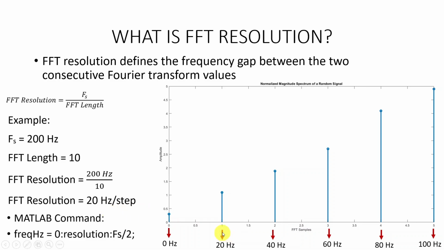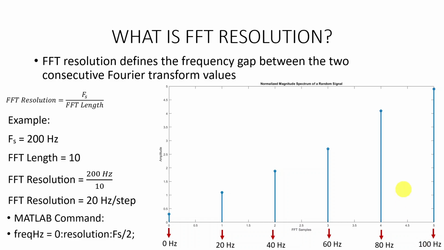The next sample will be 20 plus 20, 40, and similarly you get 60, 80, and in the end, the last sample of the magnitude spectrum will represent a frequency which is half of the sampling frequency. Here the sampling frequency is 200 Hertz, so it will represent a frequency of 100 Hertz.